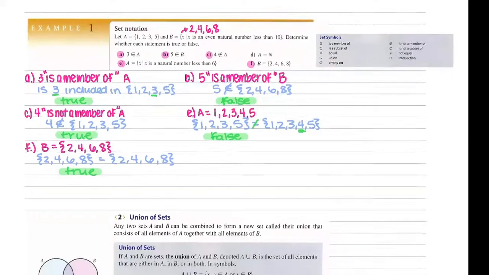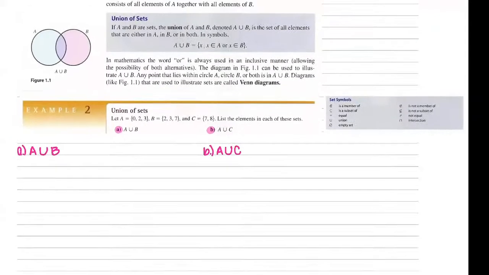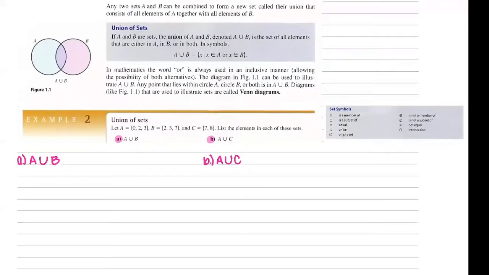All right. So for the second part of your lesson, it goes into unions of sets. Unions just mean include all, okay? So if you look here, we have let A equal 0, 2, 3, B is equal to 2, 3, and 7, and C is equal to 7 and 8.